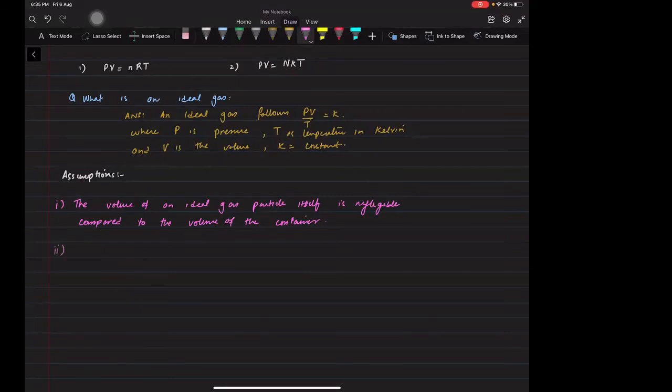Number 2. They have no intermolecular forces between them. So that is the second point.